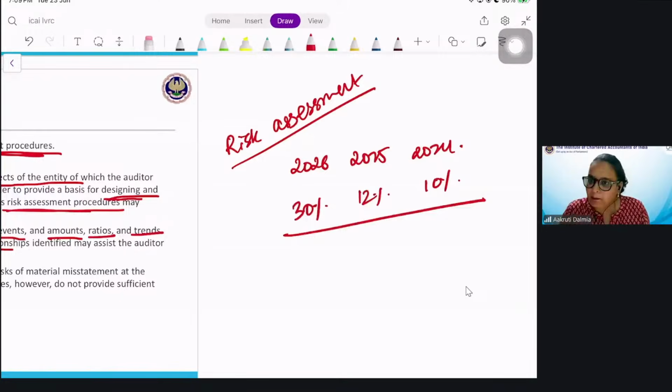Will this help me in designing that how much work I'll do in this company? क्या ये information से मुझे कोई risk identify हुआ है जिससे मुझे audit को plan करने में मदद मिलेगी? Yes, because this is an unusual fluctuation, which means I'm already alert that, oh, I have to be careful while auditing this company. I have to do a good job. I have to do a detailed job. Okay.